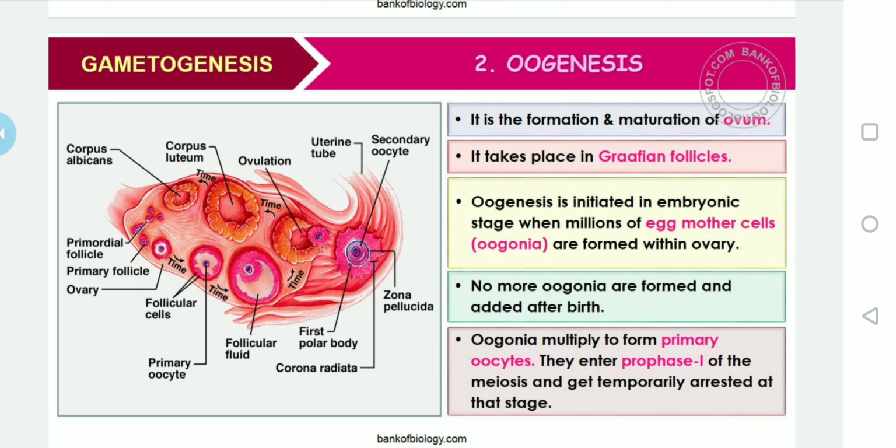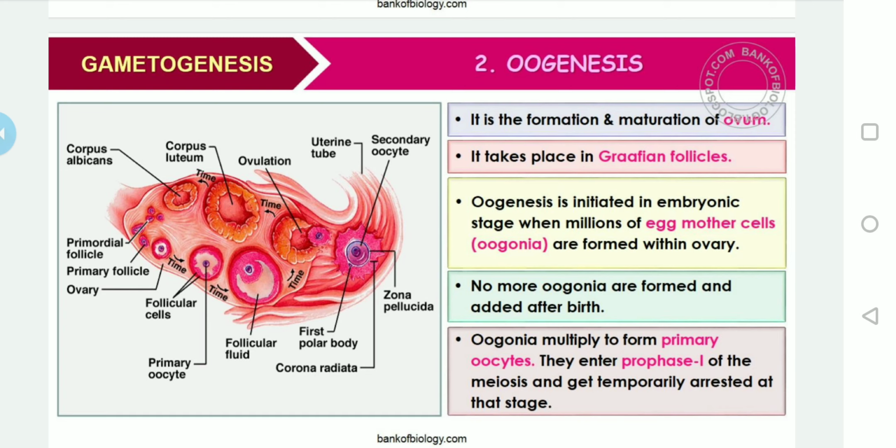This wonderful mechanism, oogenesis, is initiated during the embryonic development stage. Remember, a couple of million gamete mother cells, that means oogonia, are formed within each fetal ovary.